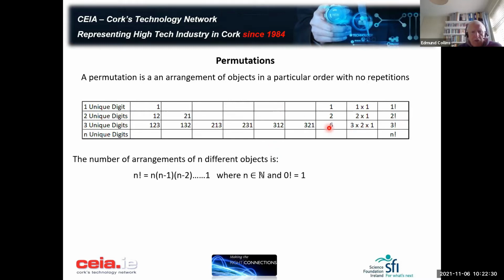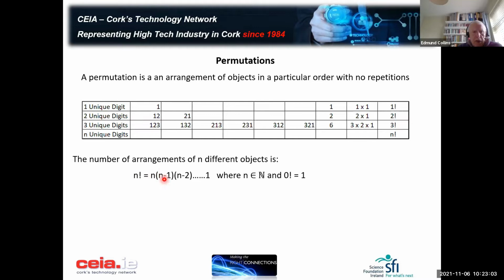So we've got 6. This equates to 3 by 2 by 1, which you're probably familiar with in this designation, 3 exclamation mark, that's 3 factorial. So basically what we're saying here, all this is leading up, is that if we have n unique digits, the number of arrangements is n factorial.